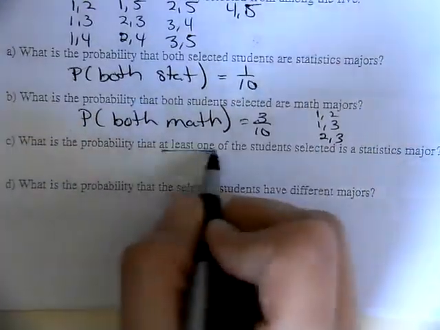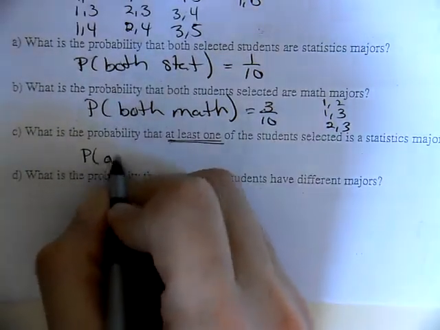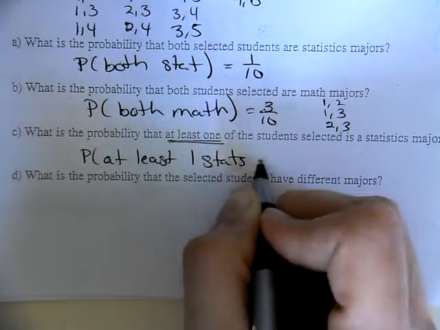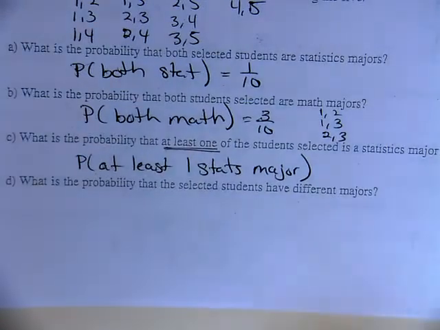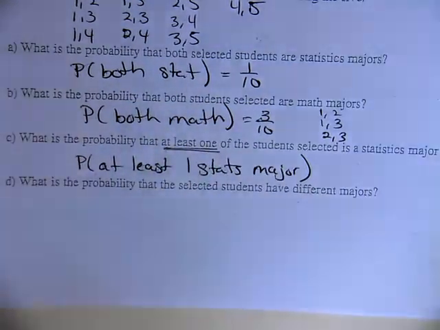What's the probability at least one of these students selected is a stats major? Now, here's the thing about at least one. You can go through and figure out all the 4s and all the 5s.